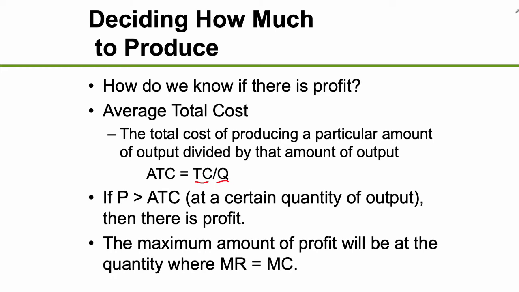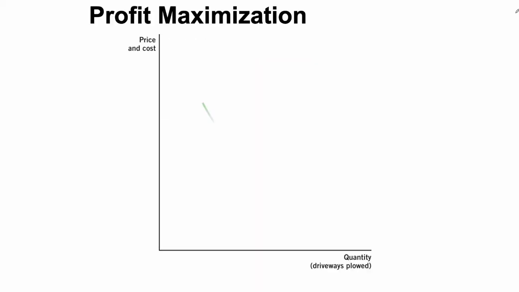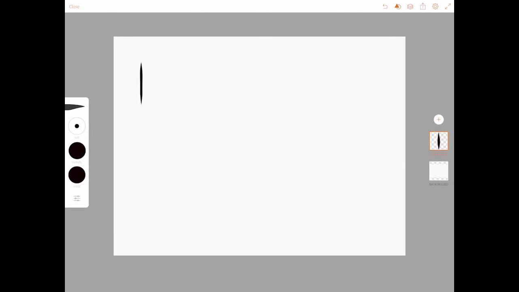So let's take a look at this in a graph. We're just going to add one more curve to our graph to identify where profit is truly being made. Okay, so here we go with our graph. Again, we'll have quantity here, and our dollar values up here.